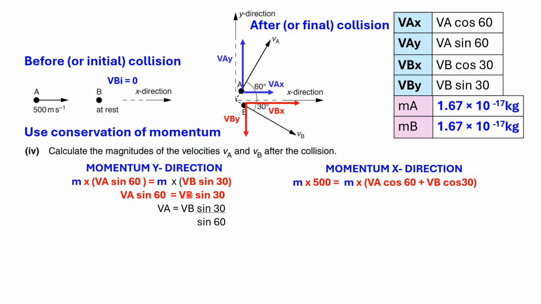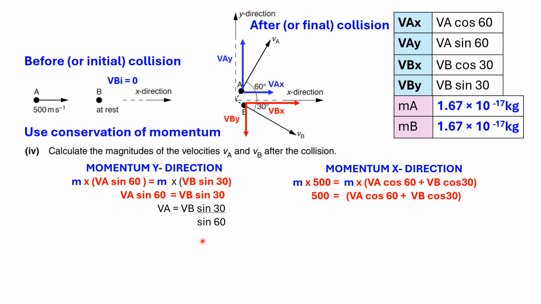So VA is VB sine of 30 over sine of 60. Now I have an expression of VA in terms of VB. When working with expressions like this, I recommend leaving sine and cosine as they are, without calculating yet. There are some results with many decimal places, and it can be quite confusing when writing values.